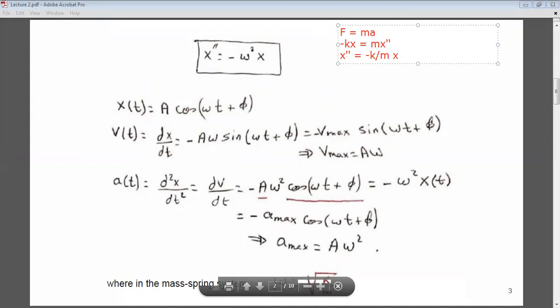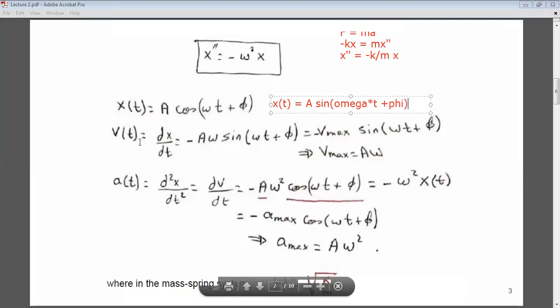Now, this is a second order differential equation whose solution is either x of t equal A cosine omega t plus phi, or x of t equal A sine omega t plus phi. We can just always use the first one unless we find it more convenient to use the second one.